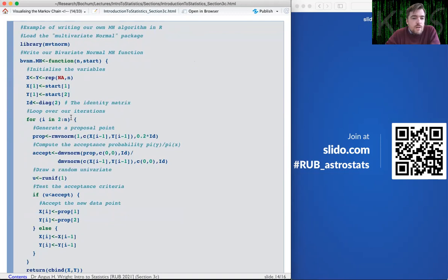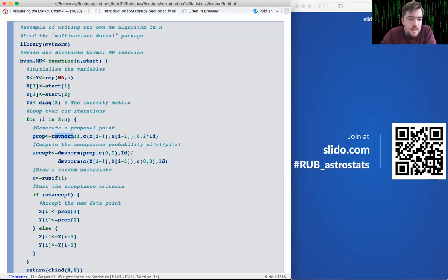Okay, what does it look like in practice? This is pretty similar to what we had before with the Gibbs sampler. We have the initialization, the starting point, and we define our covariance, and then we loop over our iterations. The way the Metropolis-Hastings proceeds is we generate a proposal point from our multivariate normal.